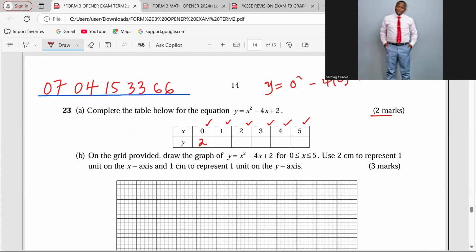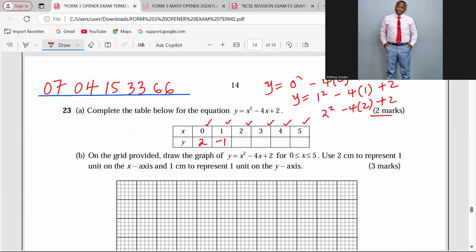Then the next one, when x is 1, y equals 1 squared minus 4 into 1 plus 2. And this will be -1. The third value, when x is 2, we have 2 squared minus 4 into 2 plus 2.